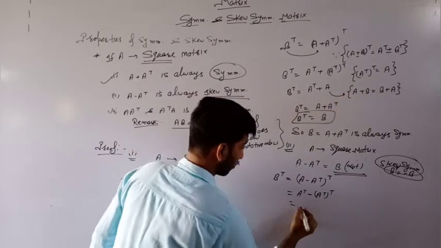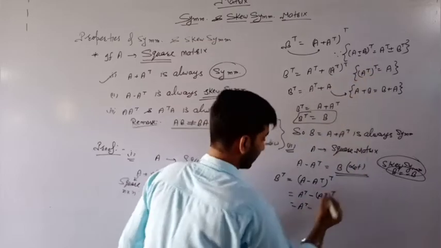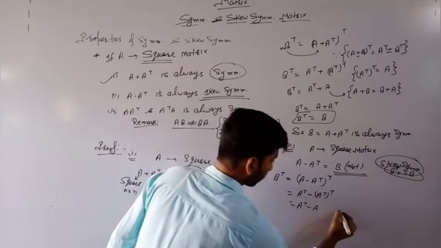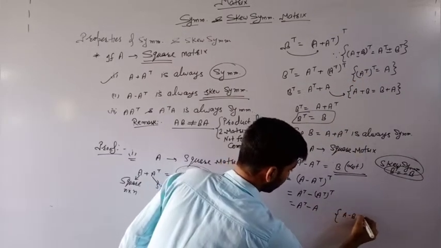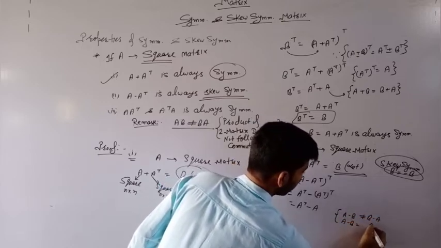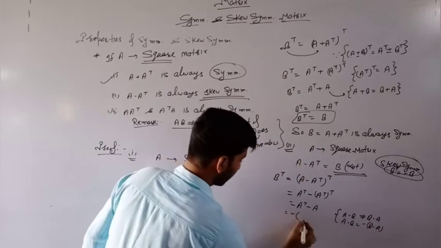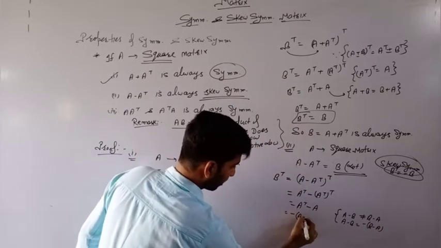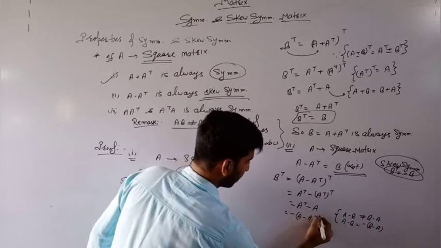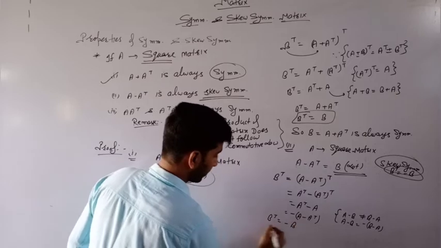By the same law, the transpose of A transpose is A. Now here we use that A minus B is not equal to B minus A, but A minus B is equal to minus of B minus A. So by taking the negative common, the A will be positive and negative. So B transpose is equal to minus B.